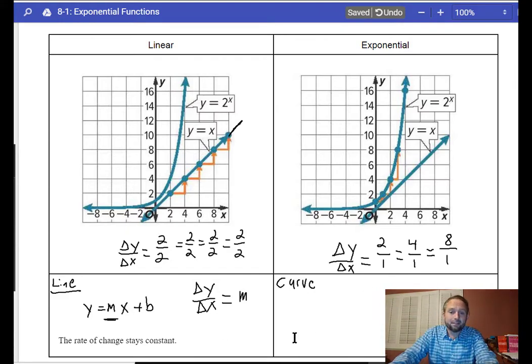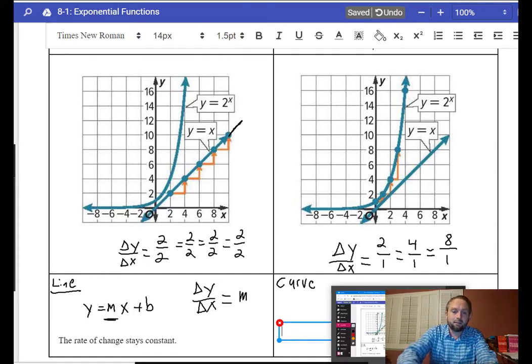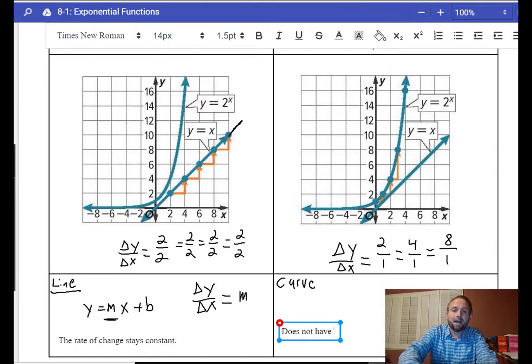So we're going to write in that it does not have a constant rate of change. The rate of change changes.